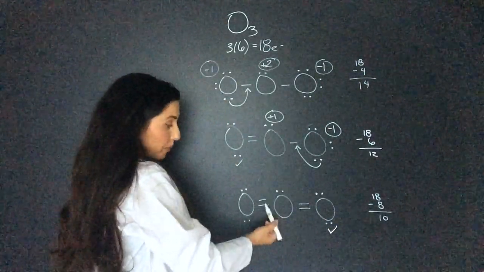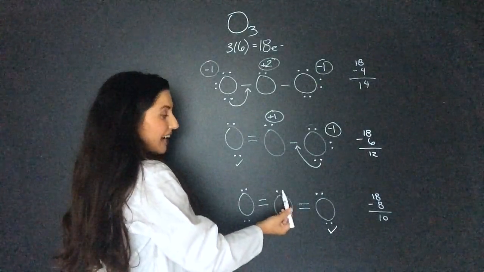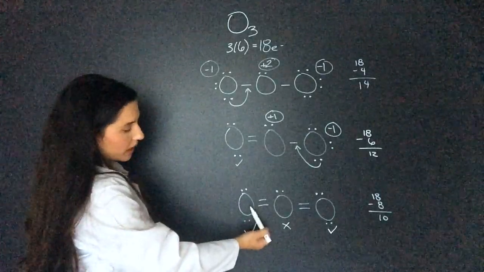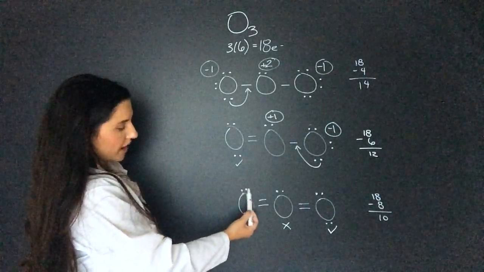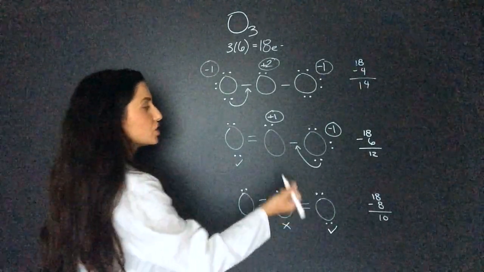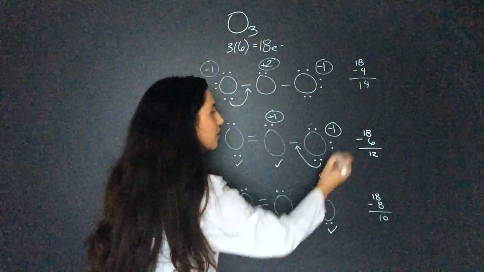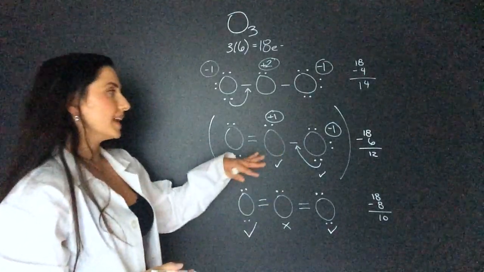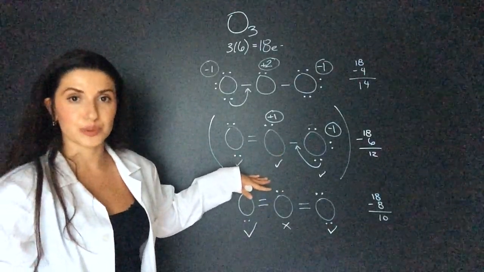We have 4 bonds, so that's 8, 9, 10. We can't do that. And this one has 4 coming from the bonds and then 5, 6, 7, 8. So this one, with all 3 oxygens having the full octet, is the correct Lewis structure.